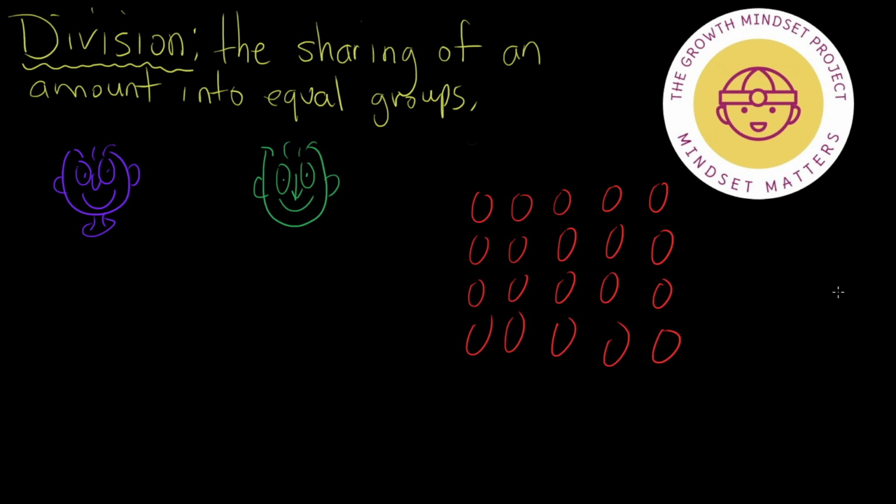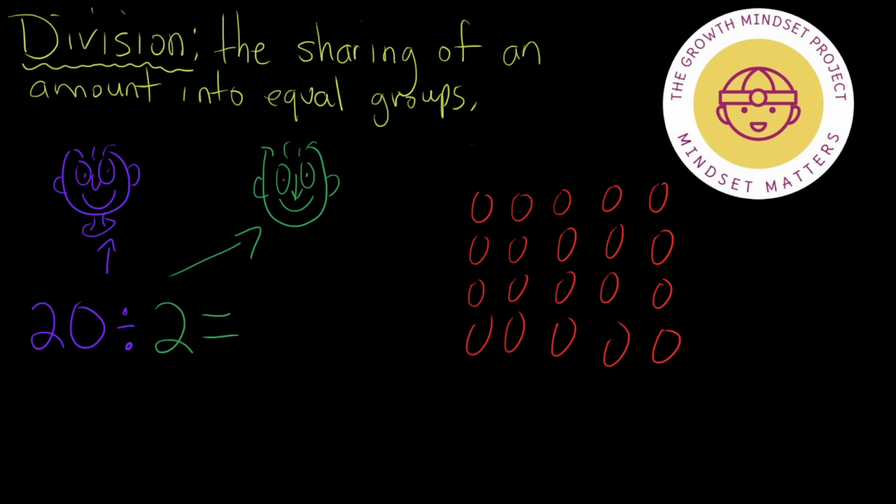We want to share them by putting them into equal groups, okay? So we have 20 apples. You can see them right here. And we want to divide those apples between me and between you. So how many people are we dividing them by? Well, we're dividing them by 2, me and you.